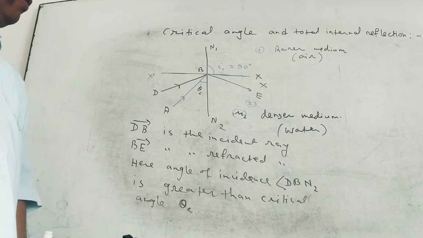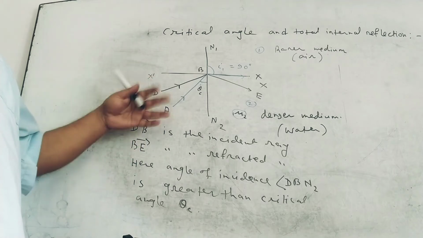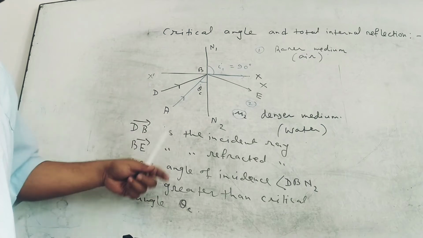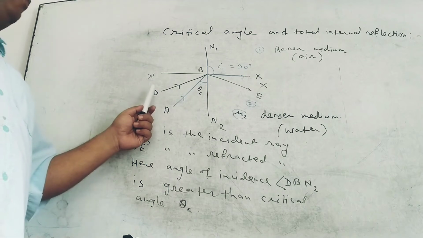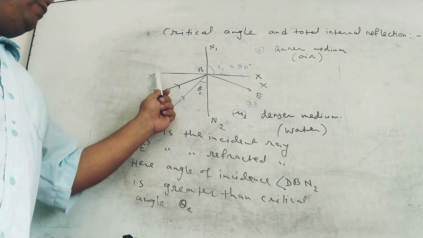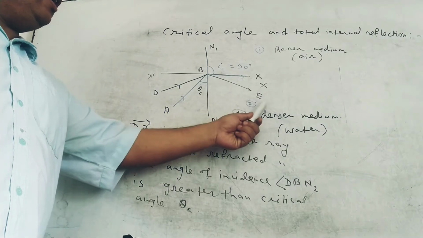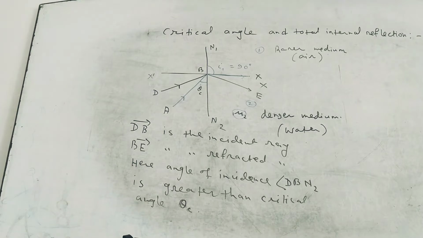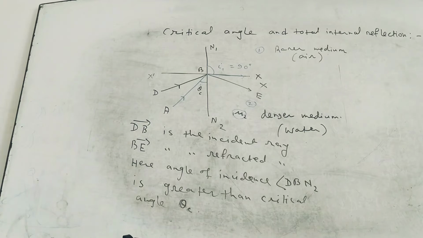That is, when the light ray tries to move from denser to rarer medium and the angle of incidence is greater than the critical angle between the two media, then the light ray is reflected by the plane of separation and again comes back to the denser medium after reflection. This phenomenon is known as total internal reflection.